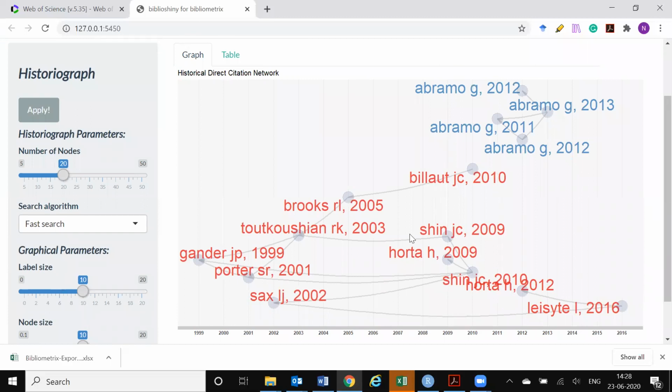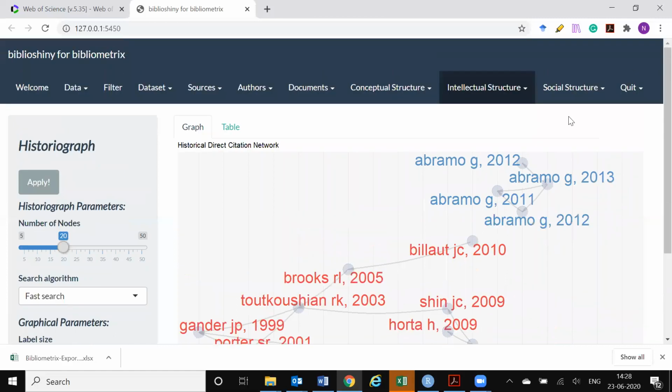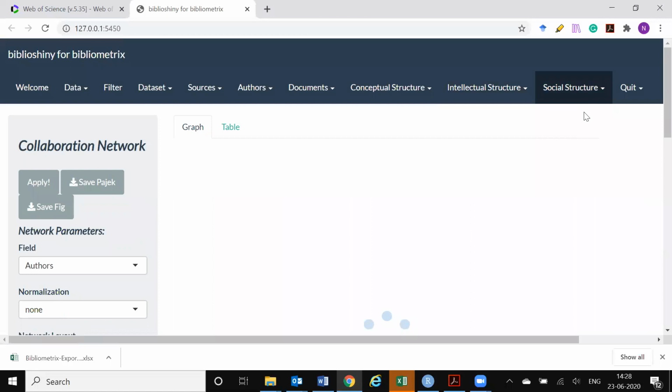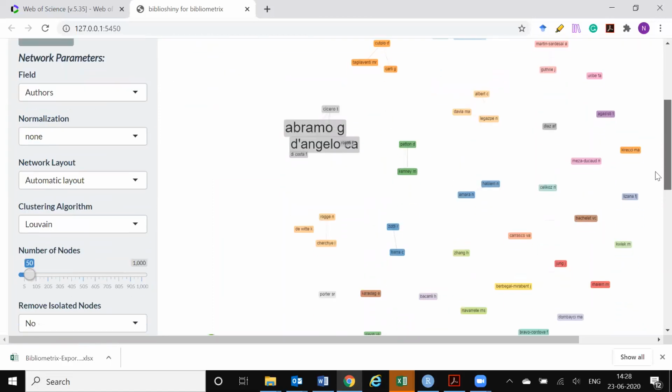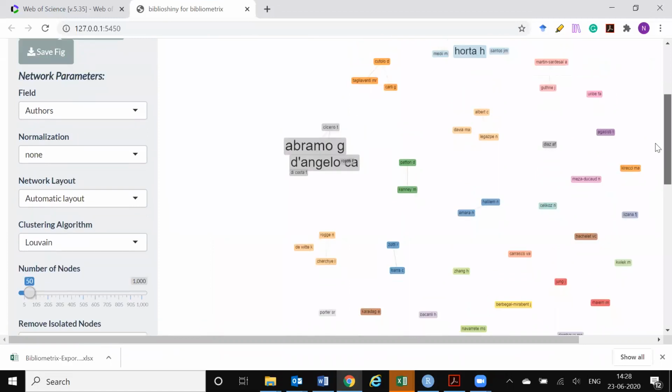You can change the sizes here, which I'm not going to do, but it shows how, over a period of time, different authors have cited each other. So that's very useful to understand how the important authors have been citing each other and how the theme, or the research area, has been evolving.